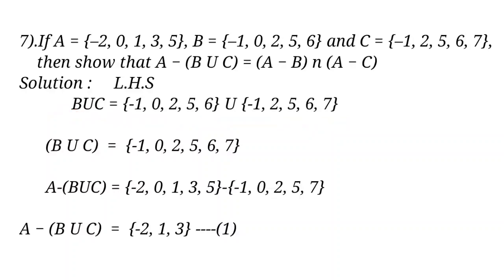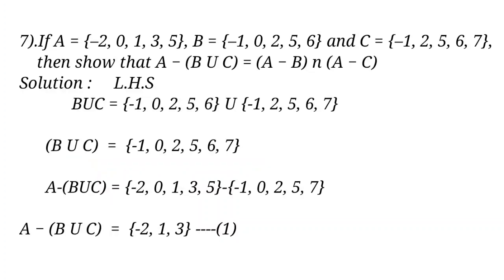B union C means the set of all elements in B or in C or in both. Therefore B union C is equal to {-1, 0, 2, 5, 6, 7}.